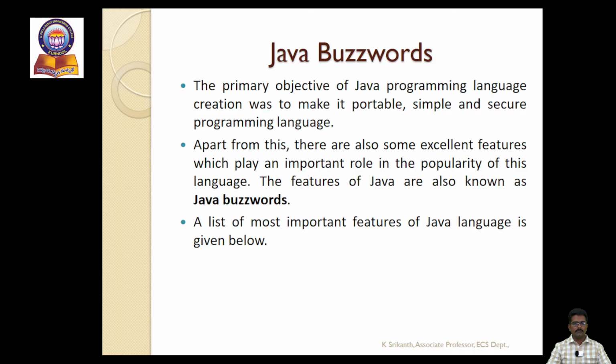In this video, we discuss the important features that make Java a popular language. So we have some excellent features which play an important role in the popularity of the language. The features of Java are also known as Java Buzzwords. Let us see the list of most important features of Java language in the next slide.